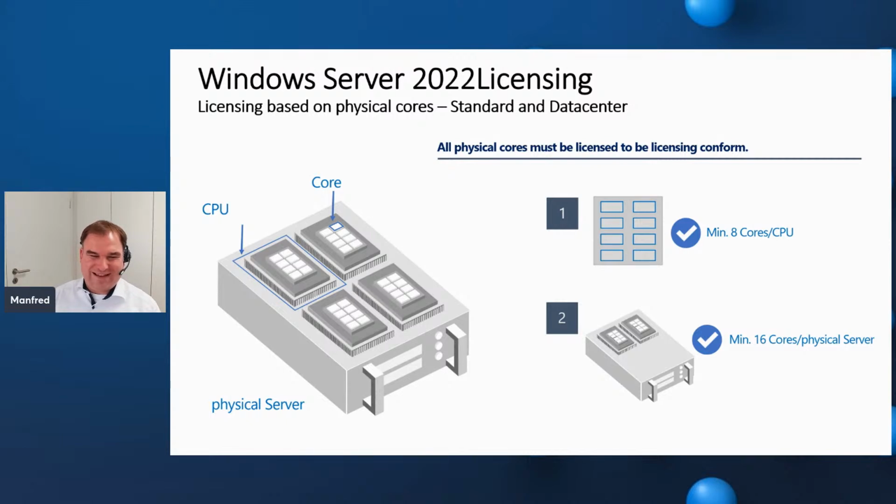So you always license the physical cores in your physical hosts, and the minimum is 16 cores. Minimum 16 cores have to be licensed. If your server has more than 16 cores, you have to license the additional cores. And if your server has less than 16 cores, you have to license the minimum of 16.